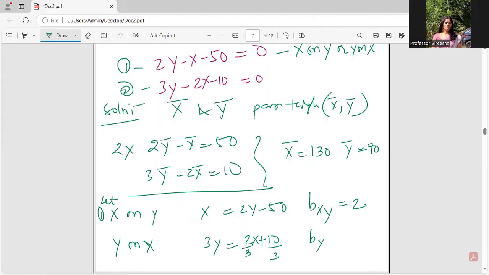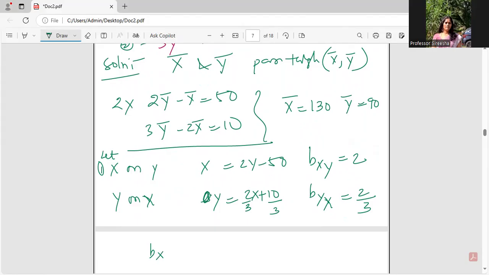Now byx is equal to 2 by 3. bxy into byx should give me something less than 1. 2 into 2 by 3 is 4 by 3, around 1.33, which is greater than 1.